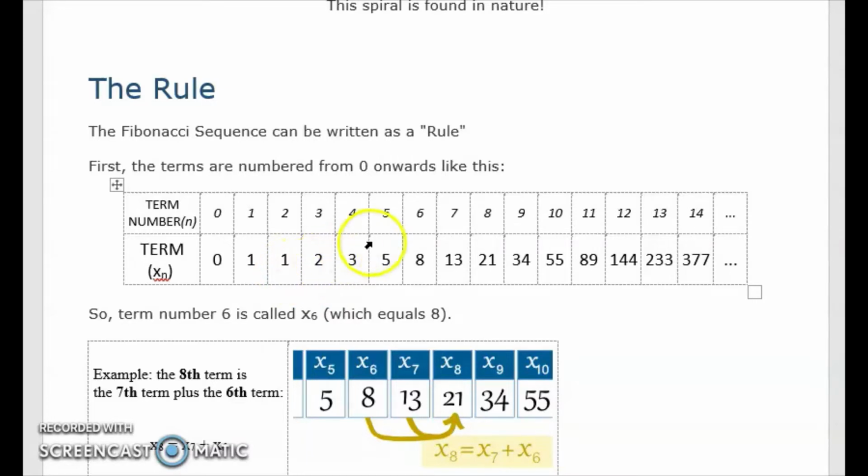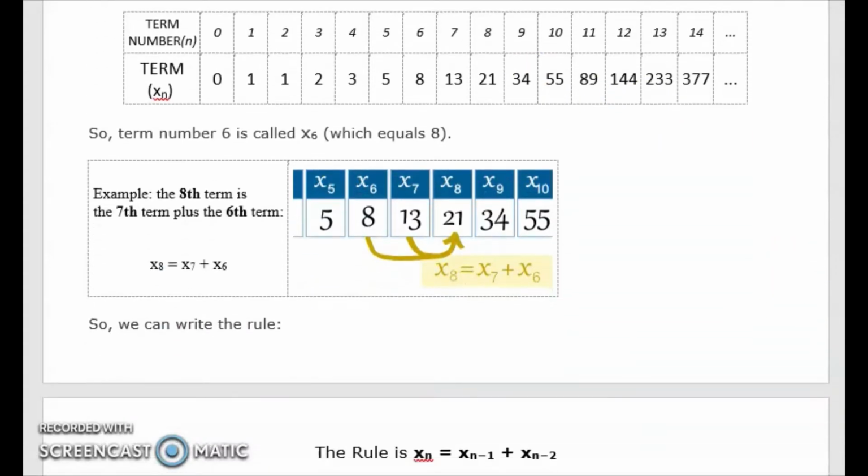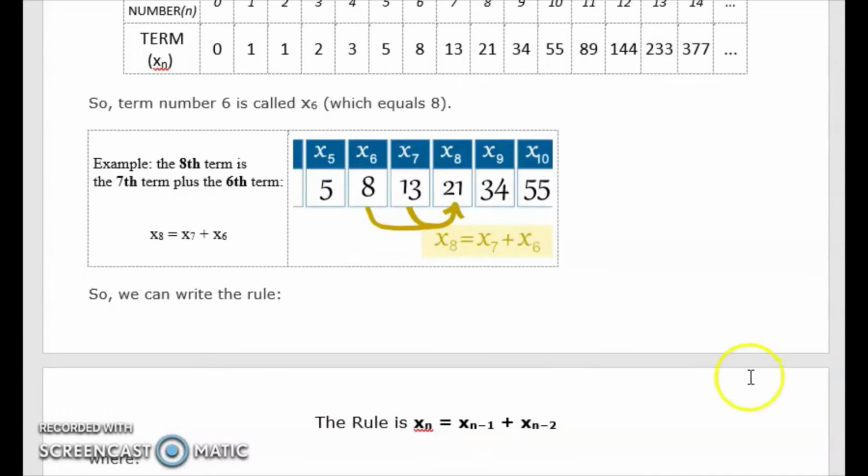Okay, so for example, the term number 6. So the Fibonacci sequence at term 6 is 8. So the ninth term of the Fibonacci is 34. Okay, so we have here examples.